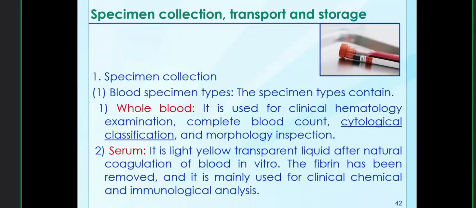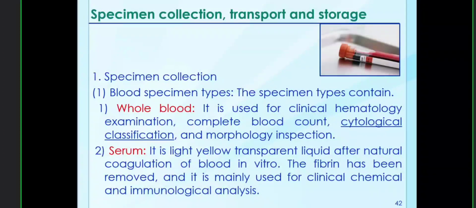First type of the specimen is the blood. Blood is a very important type of specimen from the clinical department. The blood specimen types include the whole blood.